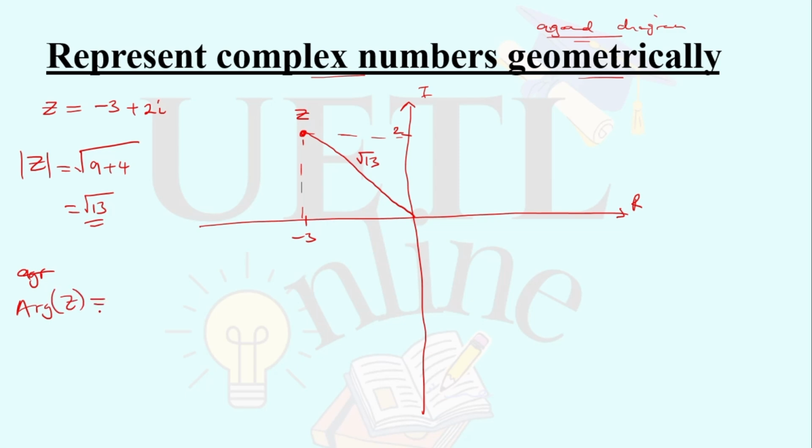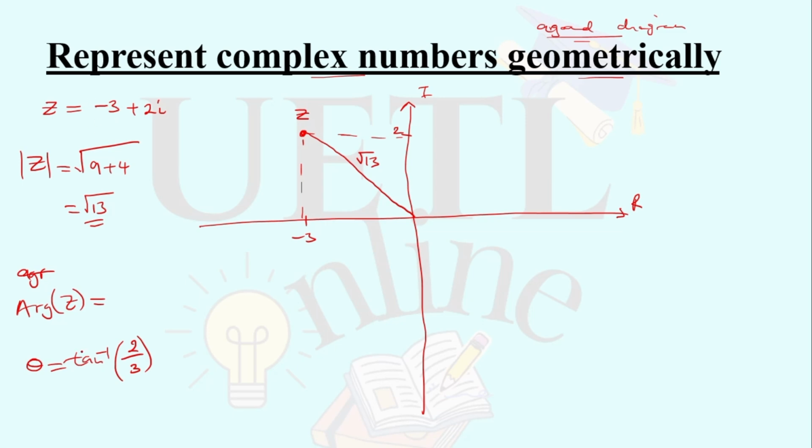The first thing is to find theta. Argument of z and theta are different. Take a look here. Theta is equal to arctan of b over a, in this case 2 over 3. We can neglect this negative value.